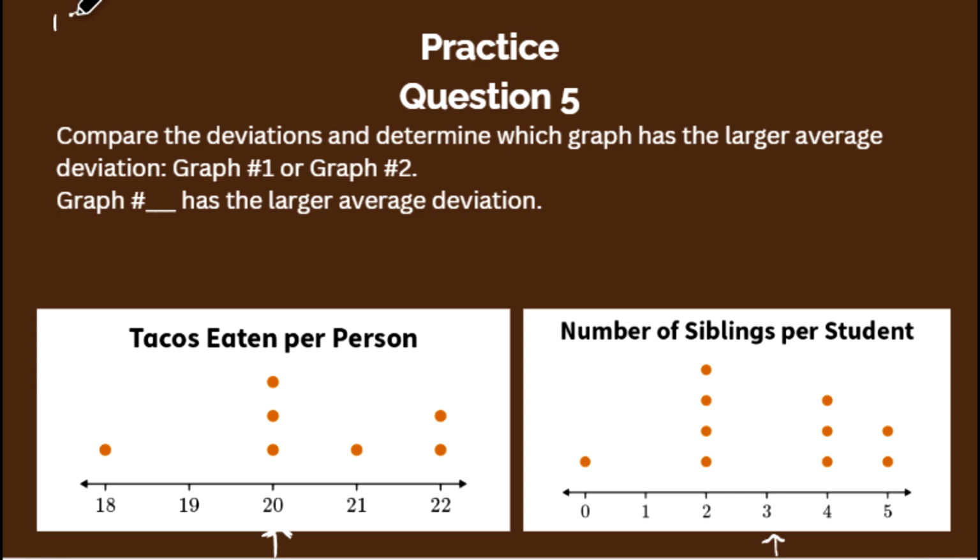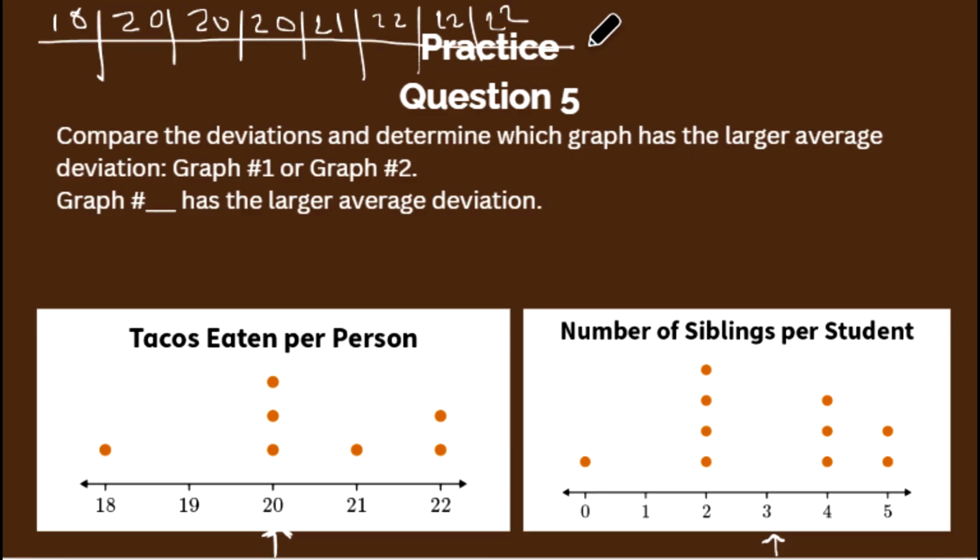Okay, let's figure this out. We have 18, 20, 20, 20, 21, 22, 22, 22. Okay. Let's figure out the deviations.